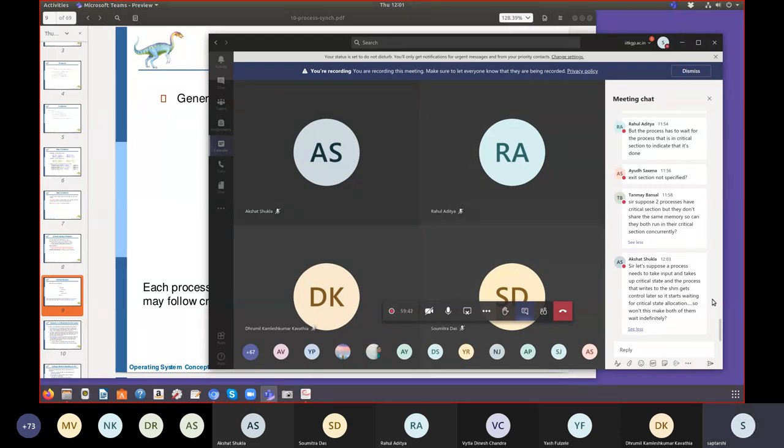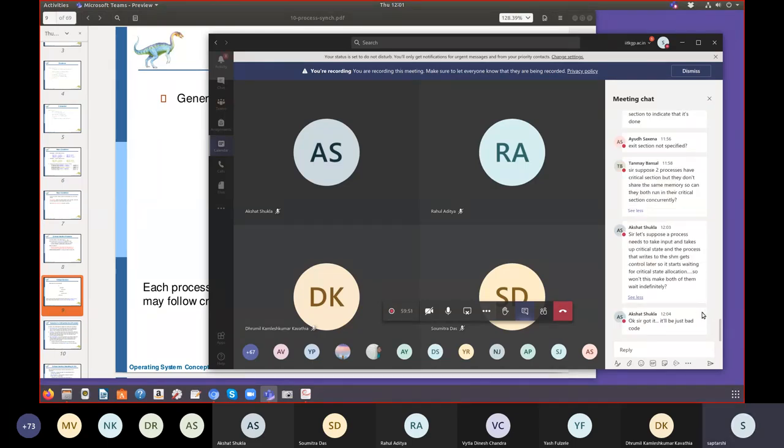Unless, of course, the I/O is to a shared file, etc. So again, I'm not very clear about what you are asking. So maybe unmute yourself and ask. Yeah, fine. Of course, you are free to write your own code, but critical section is only meant for doing some steps which are critical and on the shared memory. So typically taking inputs, etc. is not encouraged in a critical section.